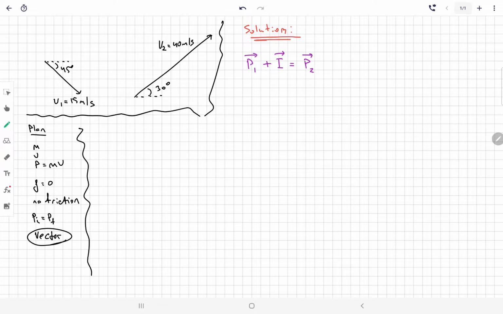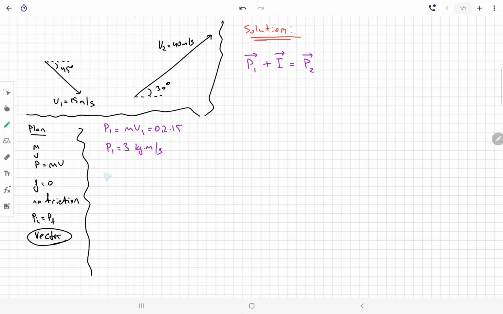P1 direction is given here. The magnitude of this momentum equals mass times v1, which is also given, mass 0.2, initial velocity 15. So magnitude of the initial momentum equals 3 kilogram meters per second.